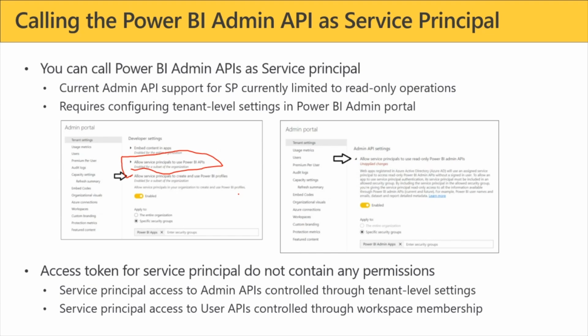One final thing, when you create the access token for service principals, they never contain any permissions, whether it's delegated permissions or application permissions. The idea is your access token just tells Power BI who the service principal is. And by the settings, we can see whether it's allowed to call the admin APIs or not.